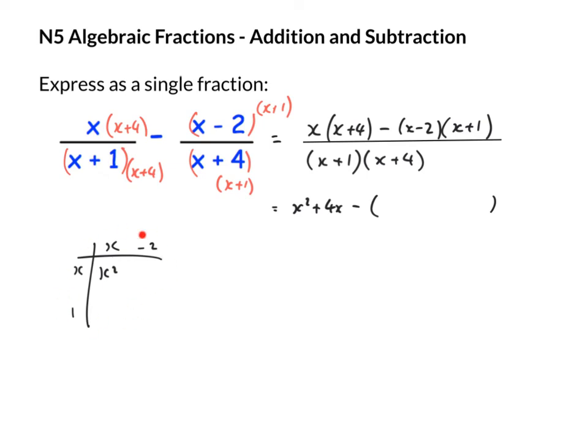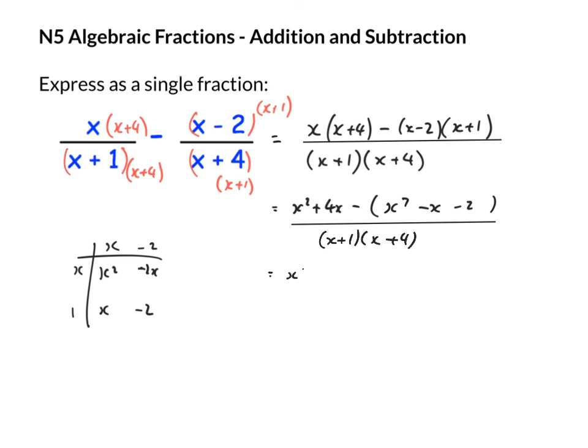It's taking a little bit of space over at the side. So I'm using a grid, but you could be using breaking brackets or whatever method works for you. So I know all of this is going to multiply to give me an x squared, negative x, take away 2. And all of that will be over x plus 1, x plus 4.